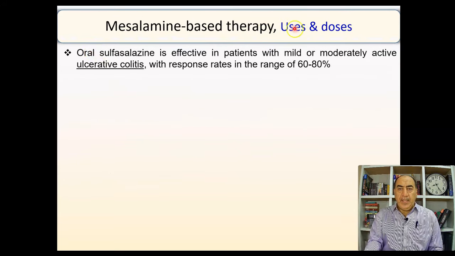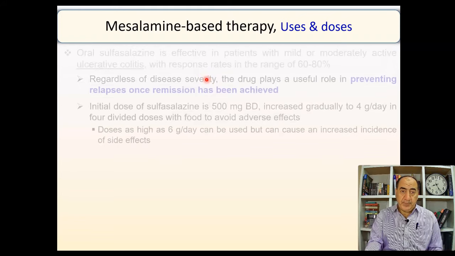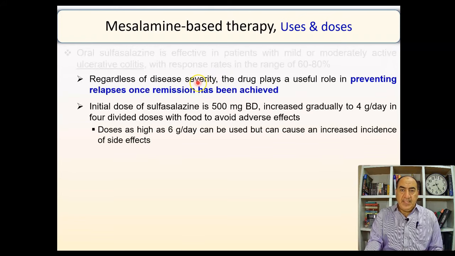Now, the uses. Oral sulfasalazine is effective in patients with mild to moderate active ulcerative colitis. We said it's the first drug of choice, with a response rate of about 80%. Regardless of disease severity, the drugs play a useful role in preventing relapse.